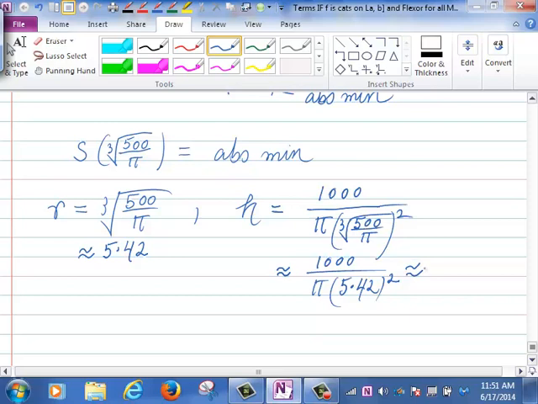Doesn't sound right, because if you have 10 and 5, then the volume doesn't become 1000, right? Can someone else do that calculation also? Was that 43? Yeah. 1000 divided by pi times 5.42 squared, right?